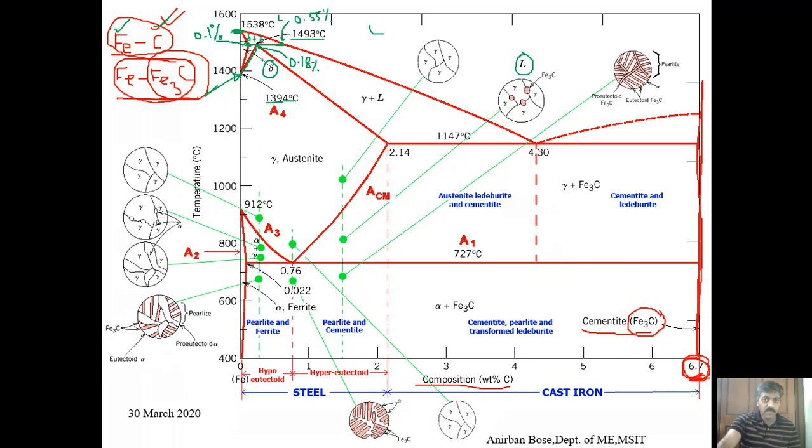Now here you see, if you extend this like this, you see at this point what is happening. This is another solid solution of carbon in iron. Okay, so you can see this particular solid solution is again another primary phase. We have seen one primary phase which occurs at a very high temperature, more than 1394 degrees centigrade.